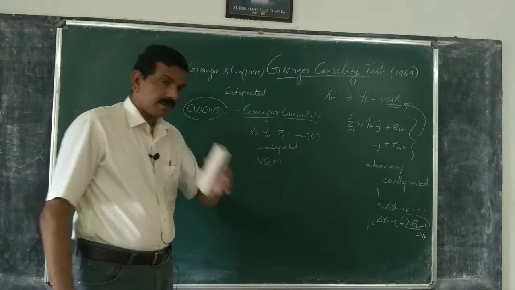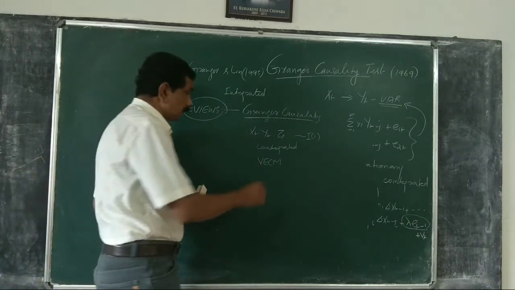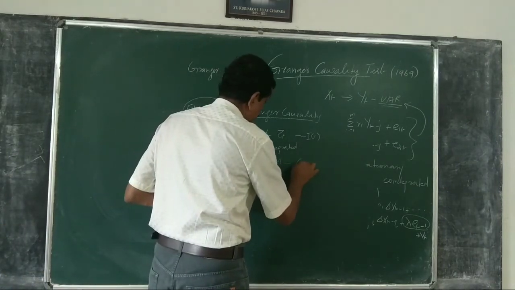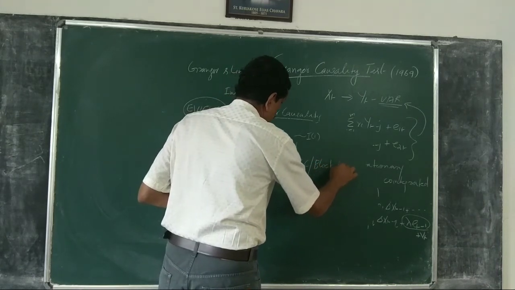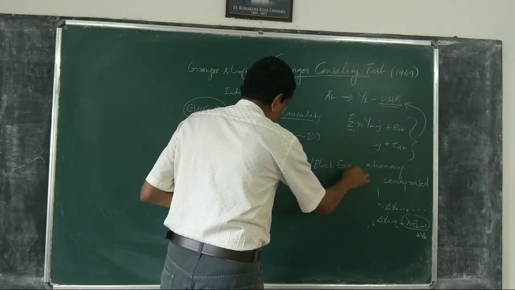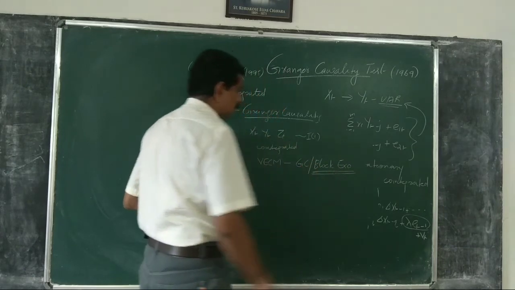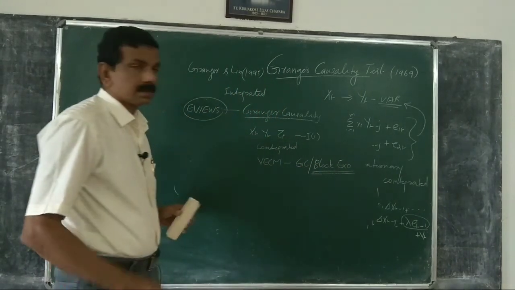Once you estimate the VECM, there is an option for the Granger causality block exogeneity test in eViews.